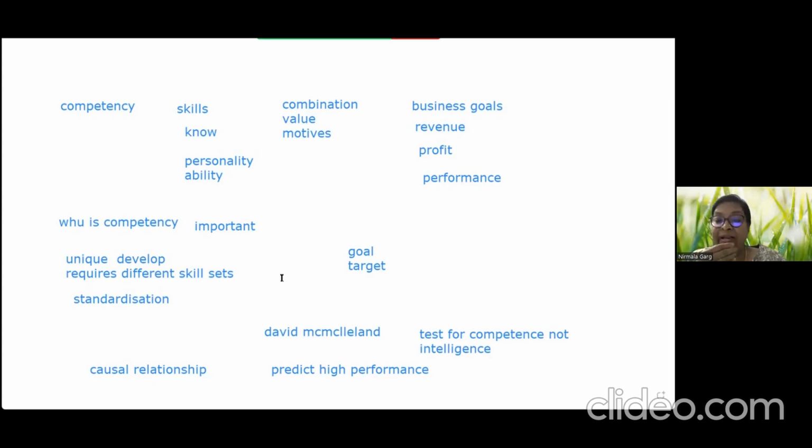If I have evaluated for creativity, which this role requires, then I can predict that this person can be very creative in that role. So that's the most important thing he said. That is, it has a causal relationship. That is a cause and an effect relationship. So if you don't have the competency, you will not be able to perform.